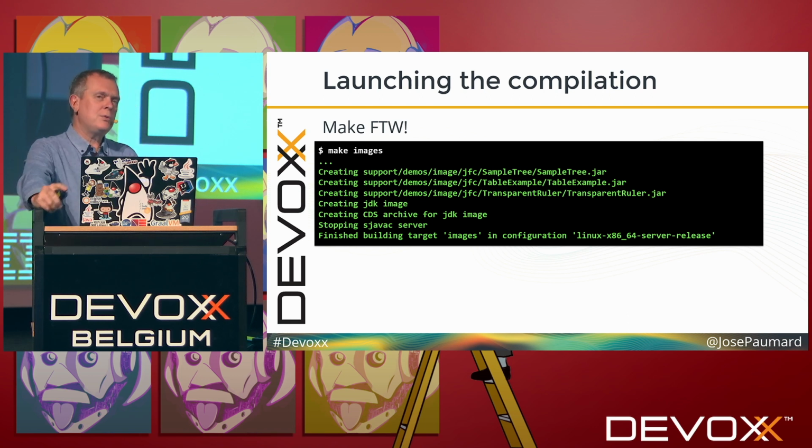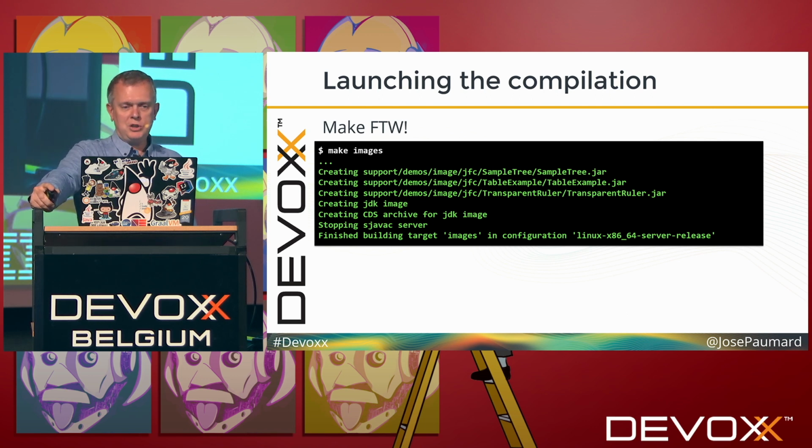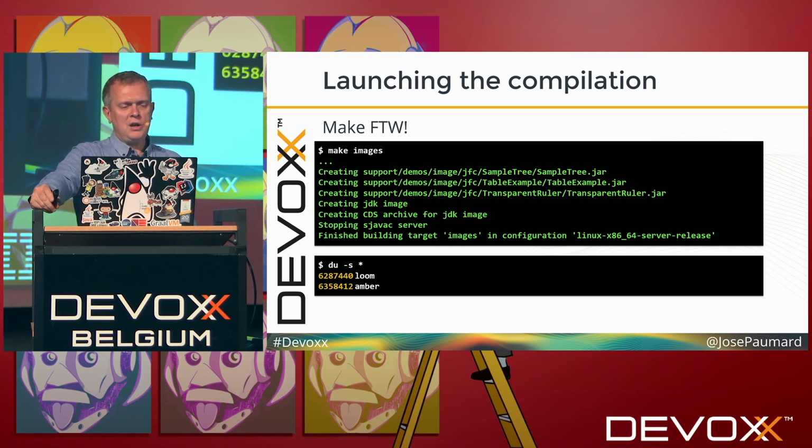You need a fair amount of disk space to do this compilation, because if you check the amount of data you have in the directory, remember you downloaded 2.5 gigabytes of elements to launch the compilation. Once this is done, you have between 6 and 6.5 gigabytes of stuff in each of the repositories. So if you want to build, let's say, 3 branches, you'll probably need a 20 gigabyte drive to store all the information, which is a fair amount.